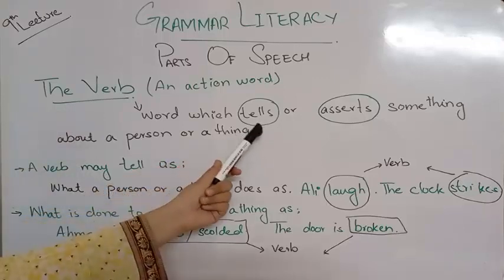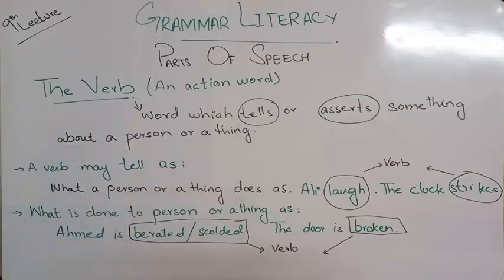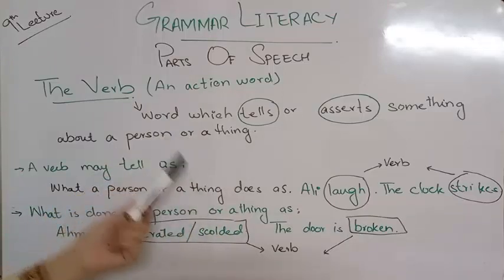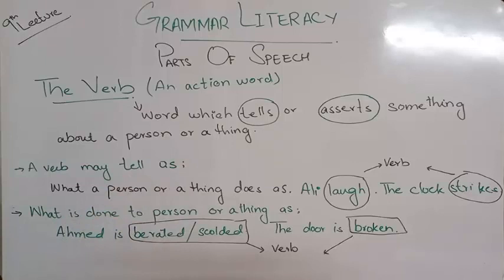Here there are two words, tells or asserts. Basically the meanings are the same. They both have the same meanings. But tells or asserts, in the meaning of a verb, means how it looks, what the condition of that thing or person is, or the condition of the action of that person or thing.